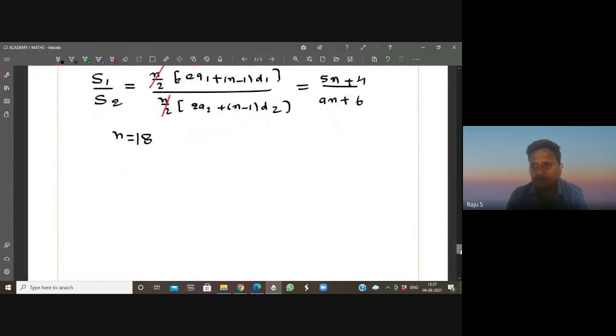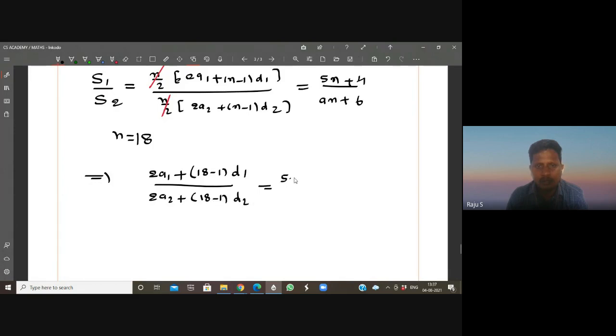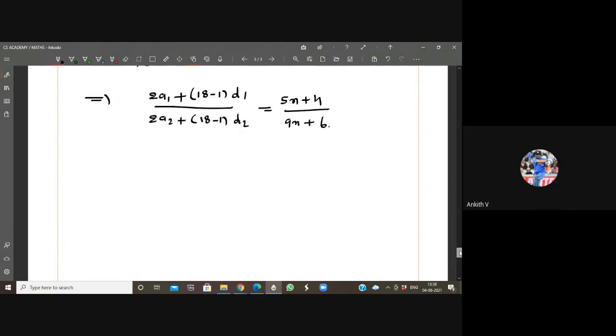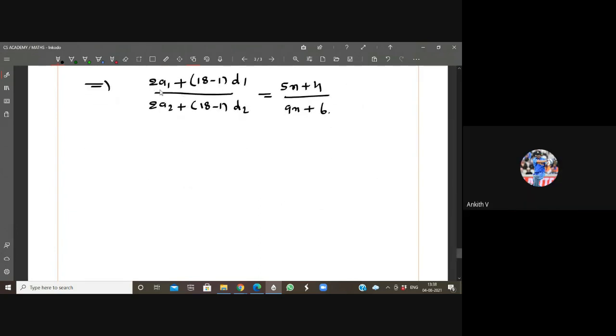When you substitute n is equal to 18, what is the LHS value? 2a1 plus 17d1 (18 minus 1) by 2a2 plus (18 minus 1) into d2, which is equal to (5n plus 4) by (9n plus 6).